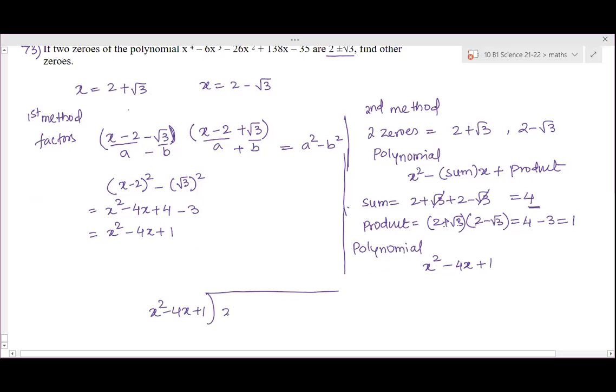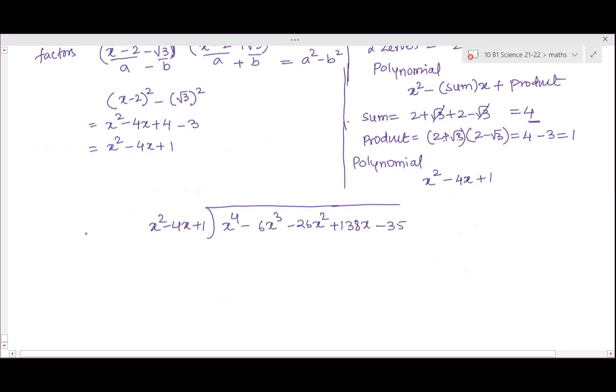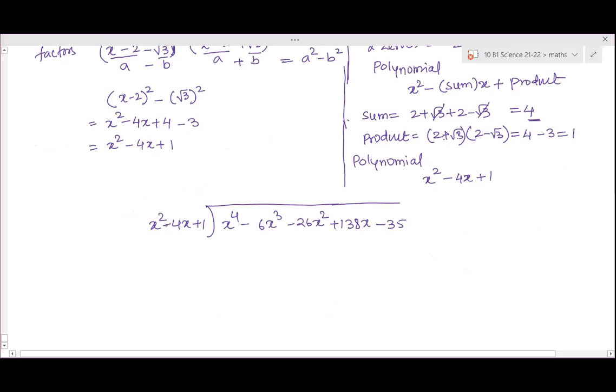So the polynomial is x to the power 4 minus 6x cube minus 26x square plus 138x minus 35. This was the question asked in boards 2019 for 4 marks. So first quotient is x square. So it is x to the power 4 minus 4x cube plus x square.